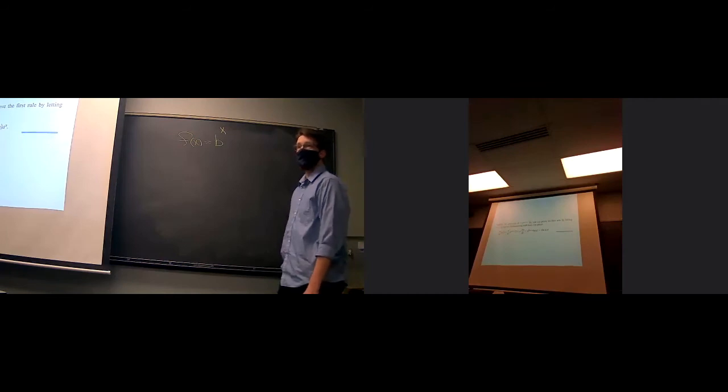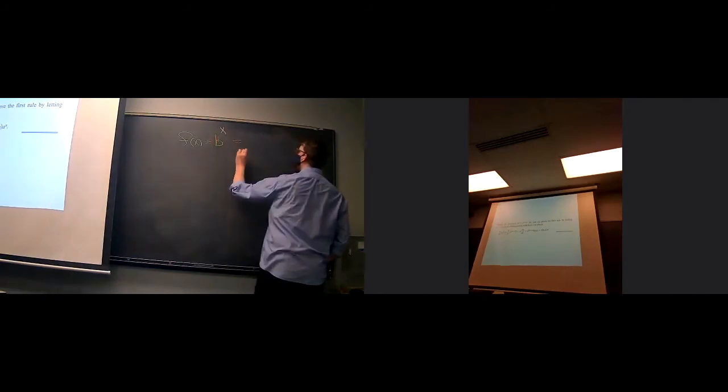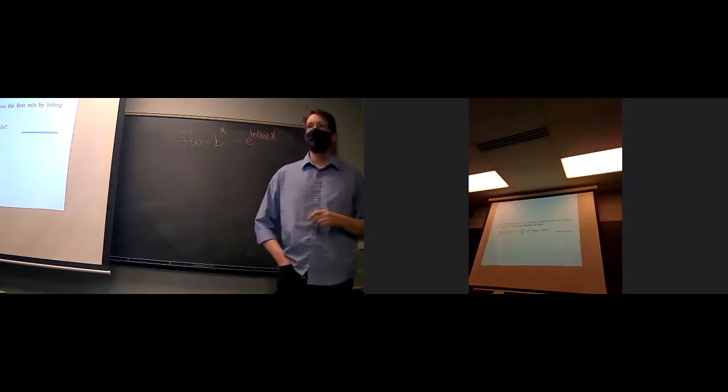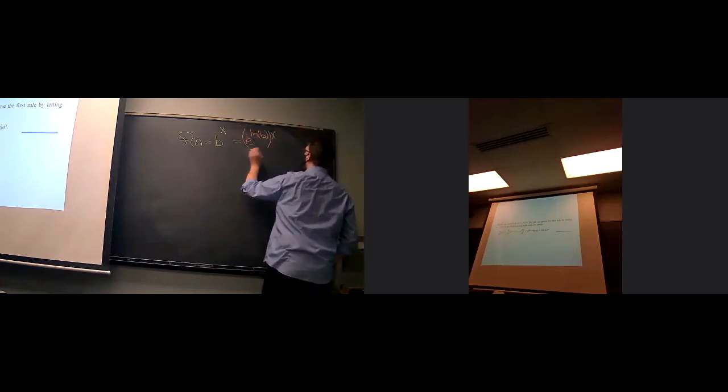Any thoughts without looking at the proof here? Well, it may not be obvious at first, but one thing we can do is rewrite b raised to the x as e raised to the ln of b, all that times x, right? Agreed? Might be a little bit more clear to write it like this.